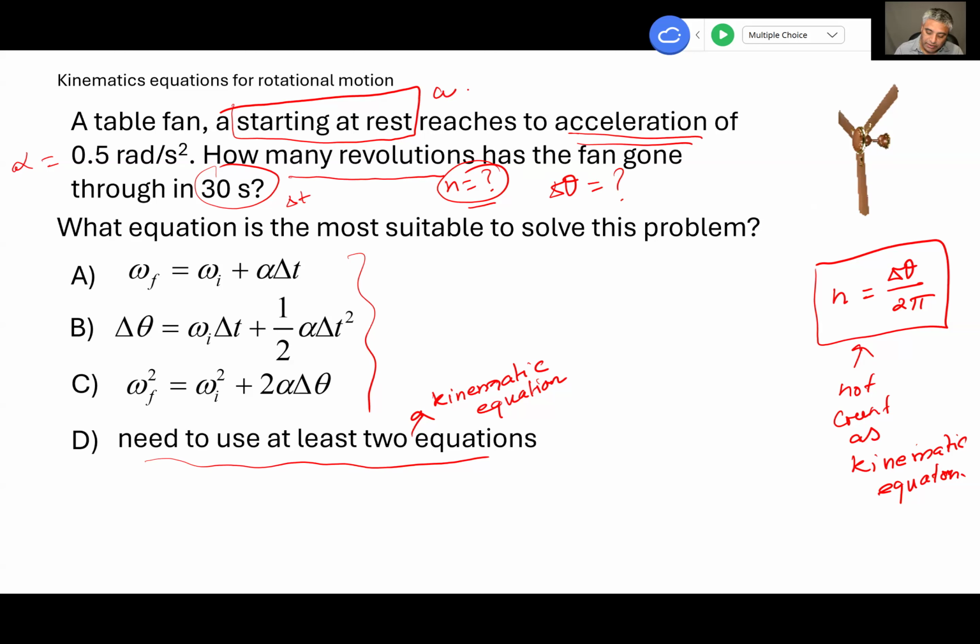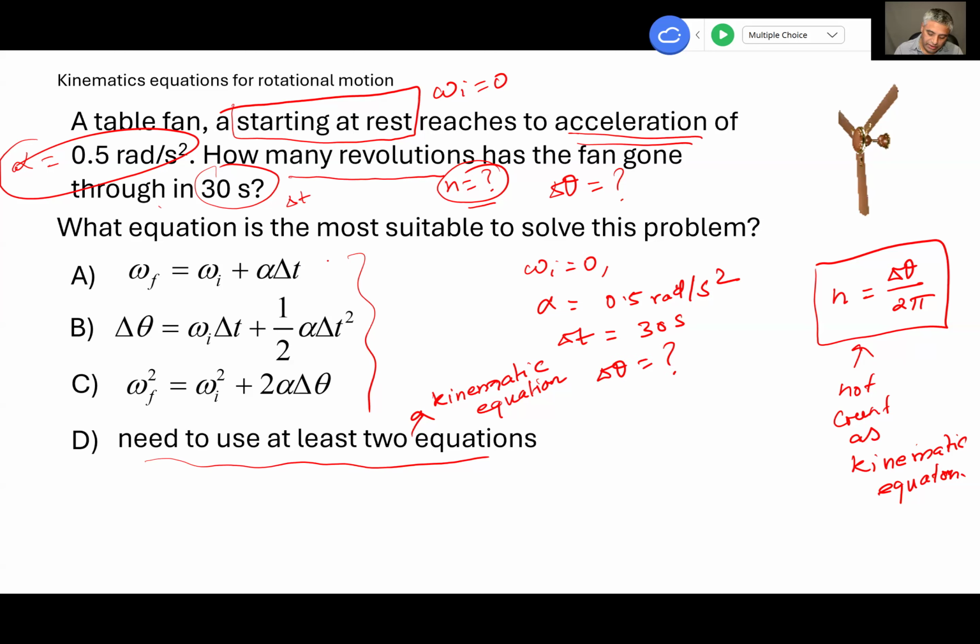It says starting from rest, so omega I is 0. And the angular acceleration is given. And then the time interval is given. And we are asked to find, let's say, delta theta.